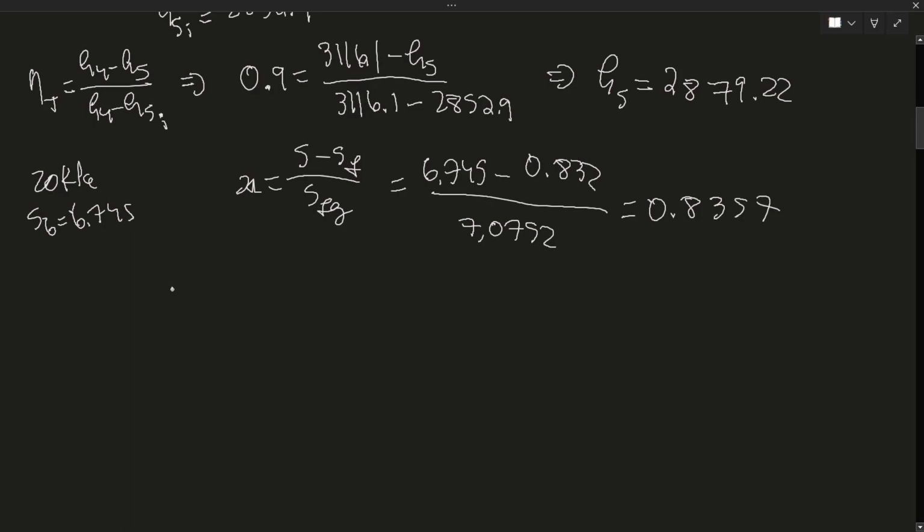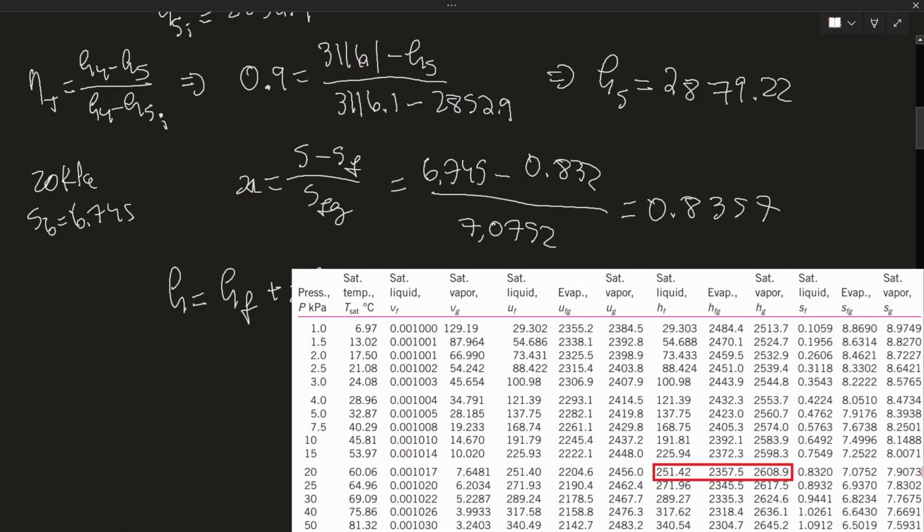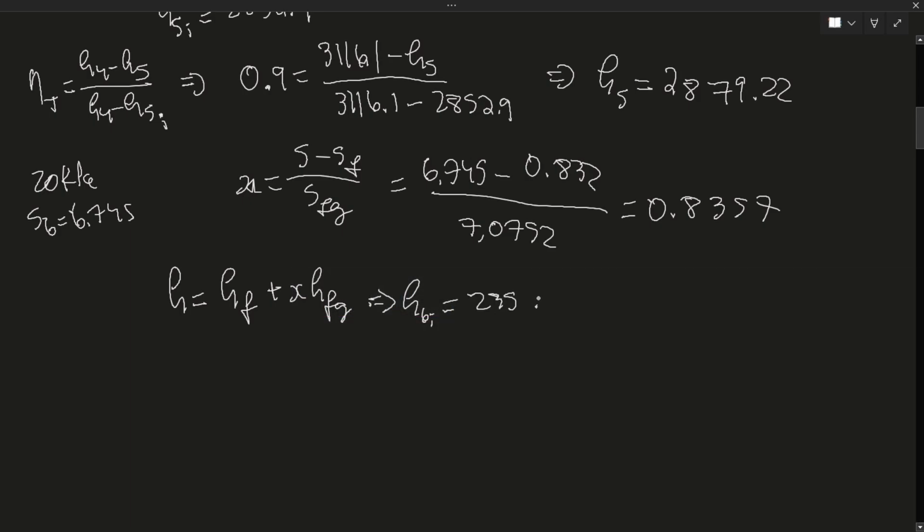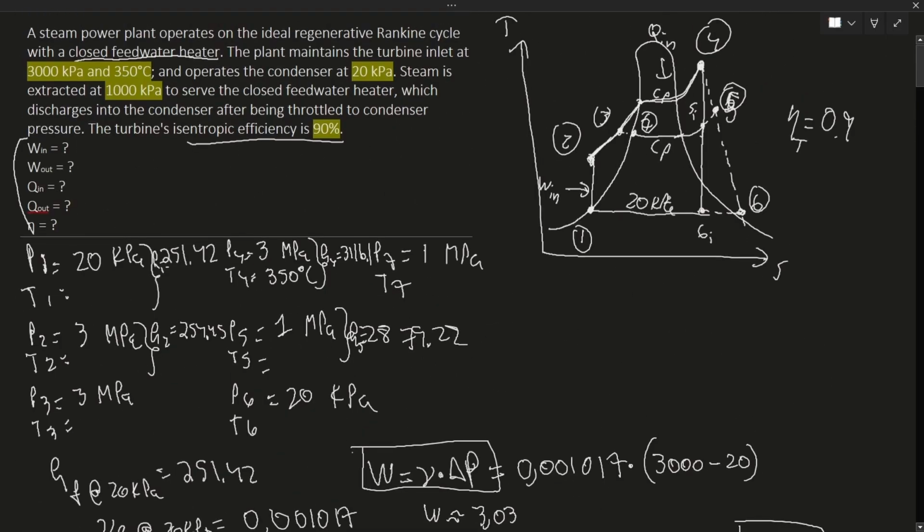Now with this, you can find H, which is equal to HF plus the quality times HFG. Reading your tables and plugging in all the numbers, you get your ideal H6 to be about 2357.5. This is ideally if the entropy stays the same for points 4 and 6.